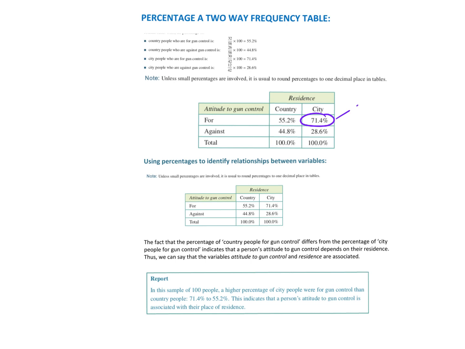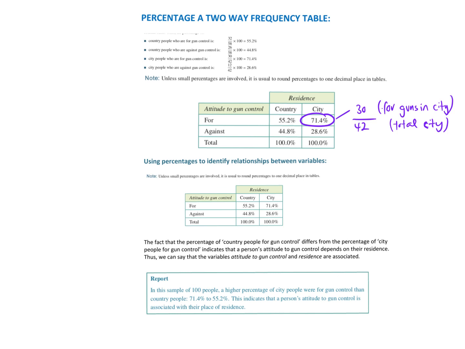There were 34 for gun control in the city, out of the total, I think, was it 42? So the total for city. And then you times it by 100. That's how they're getting those percentages. So you need to know how to do that as well.